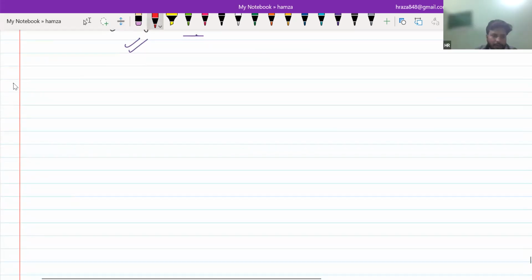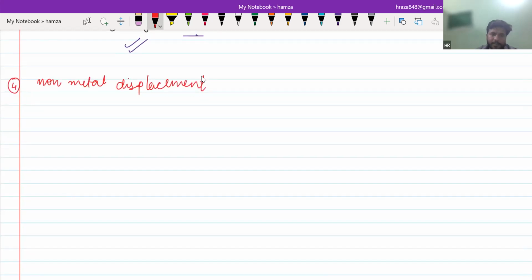Now, the fourth application is non-metal displacement reaction. Non-metal displacement. Now, the theory will be opposite.